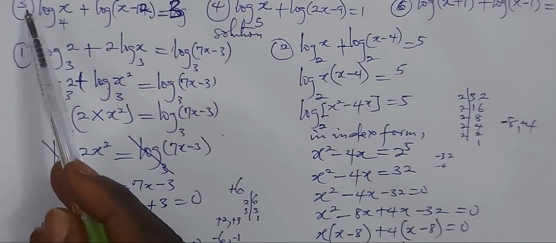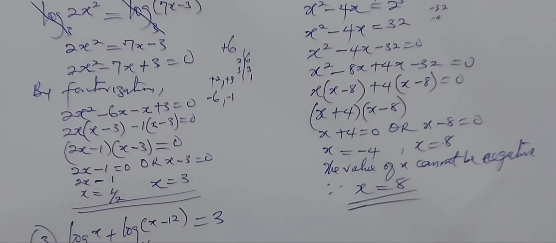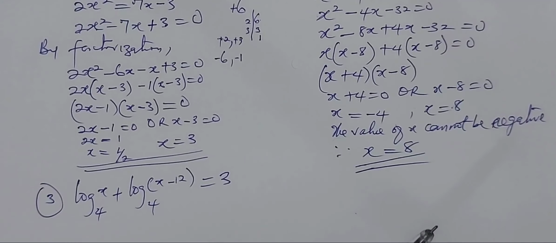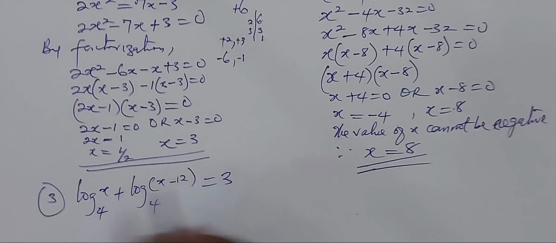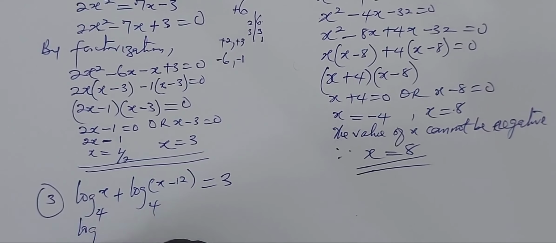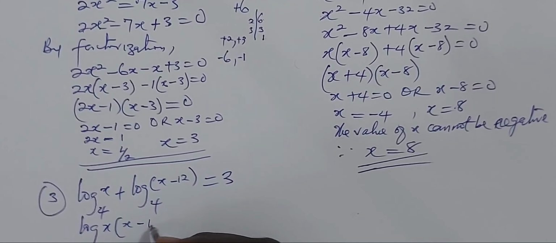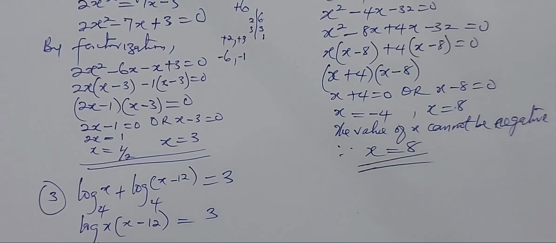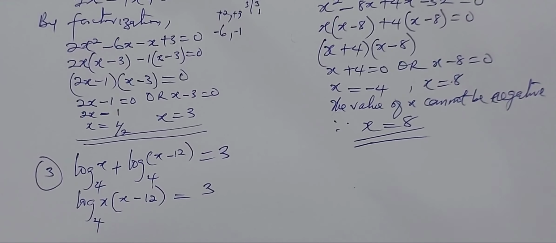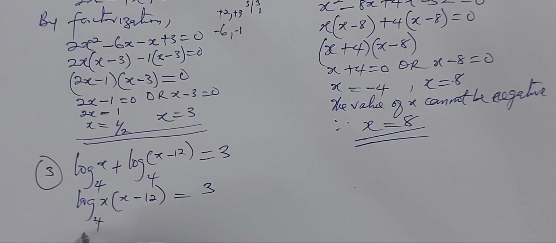You can see this equation. So let's go again. This is plus, we change it to multiplication. Log x into x minus 12 base 4 is equal to 3. It's similar to this one we just solved. So this will be the power of 4 in index form.